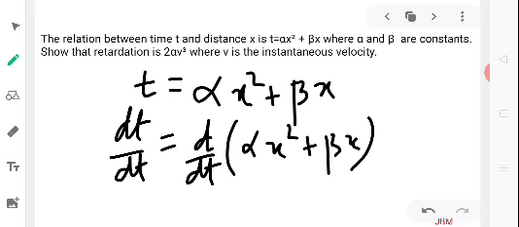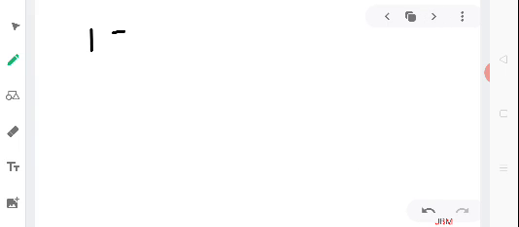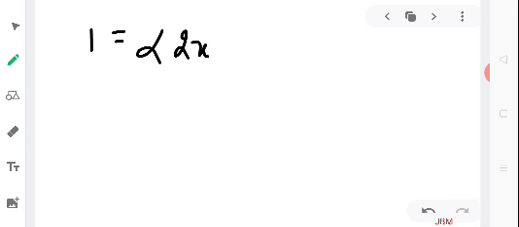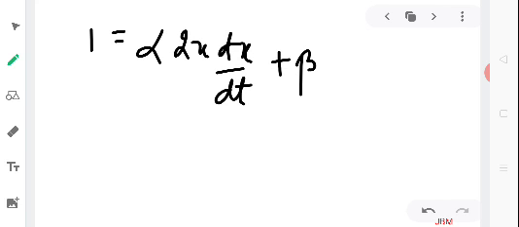Okay, so now this will become 1 equal to alpha. What is the differentiation of x square? That will become 2x into dx by dt plus beta dx by dt.